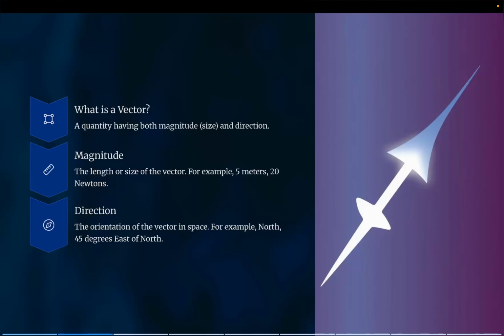For example, the length or size, like 5 meters or 20 newtons, is just a scalar quantity. But when you add a direction to it, like 5 meters north or 5 meters east, it becomes a vector quantity.